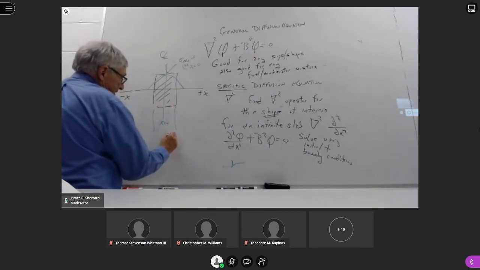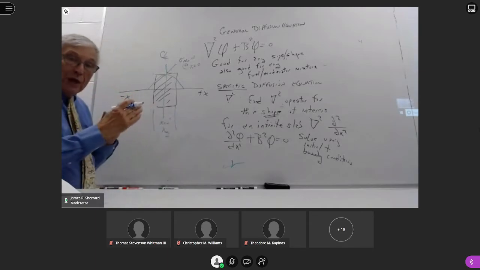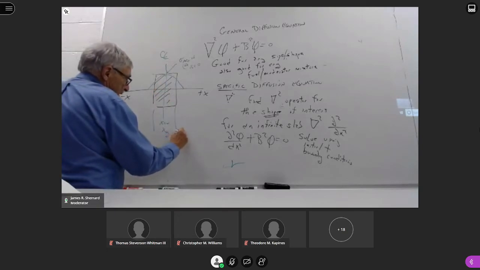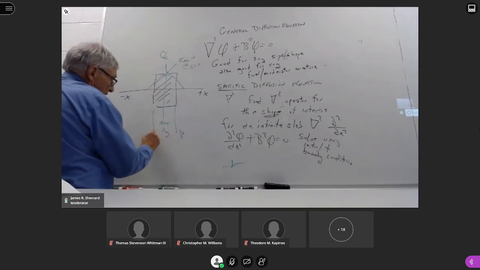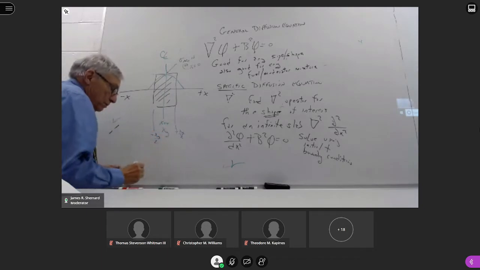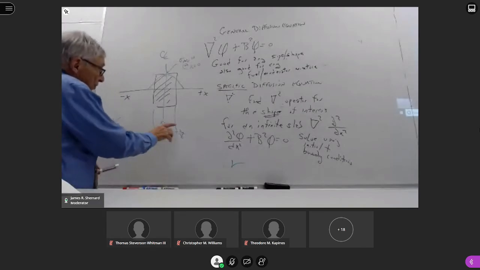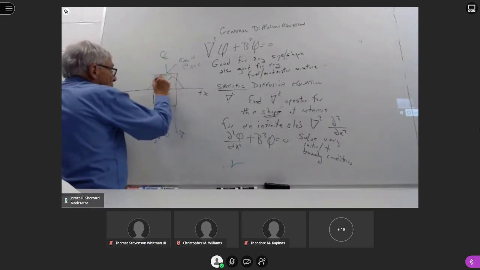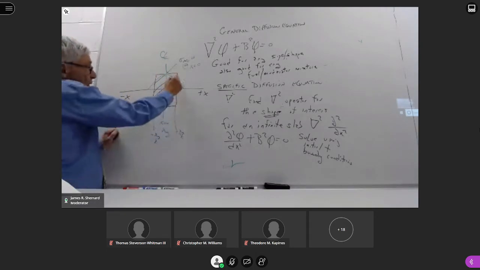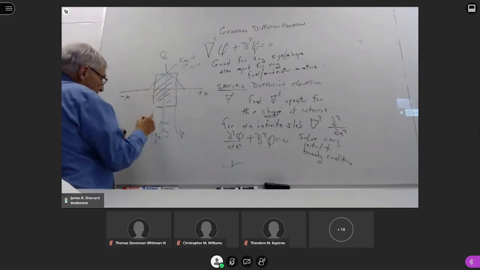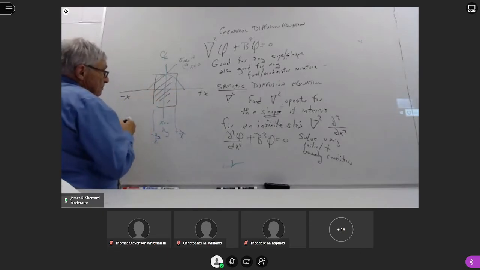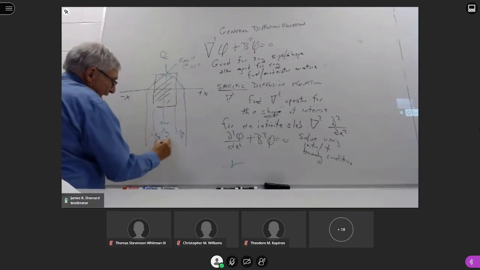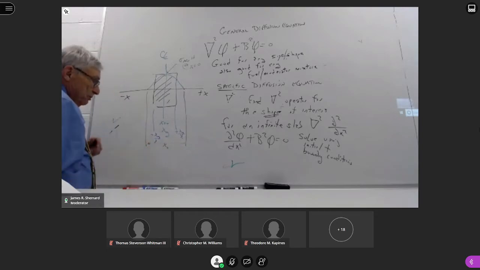We know that this distance is x of g, which is the width of the fuel and moderator mixture. Since this is 0, this side is plus x of g over 2. This side is minus x of g over 2. So this is the physical boundary, but the flux is not 0 at that boundary. It goes to 0 at some point beyond that. We call that the extrapolated boundary. And that dimension is x of 0.